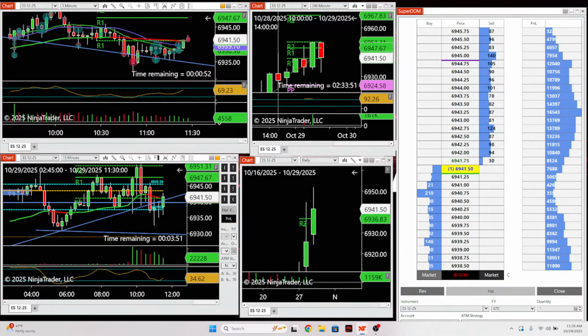Back over and under VWAP with some orders trying to step in below 40. Hold it up. May come down and take those orders. Sitting orders at 40.75.